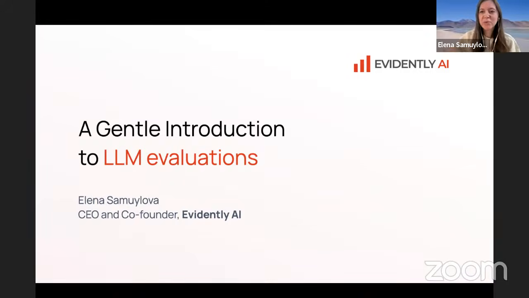This is a topic that is quite dear to me, having been doing machine learning for quite some time, and now thinking about how we can apply some of the learnings from classic machine learning to LLMs. I've been doing machine learning for more than 10 years in non-technical capacities, mostly on the product side and the business development side, but I've seen quite a lot of things, since before it was called big data, AI, machine learning, and now LLM.